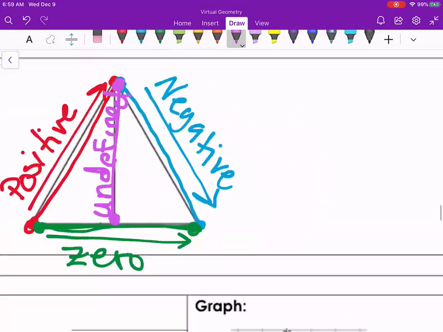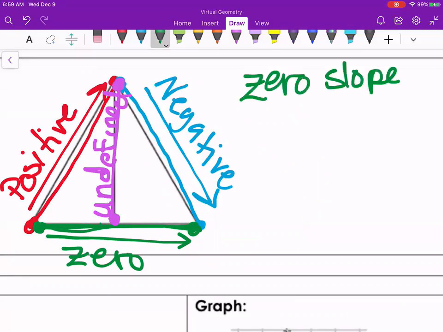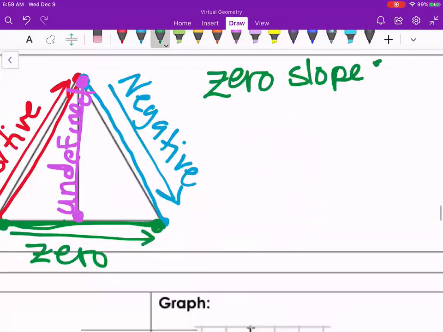Now, a couple of things to remember, especially when it comes to the equations. So if you have that zero slope, then remember your equation is just y equals some number.